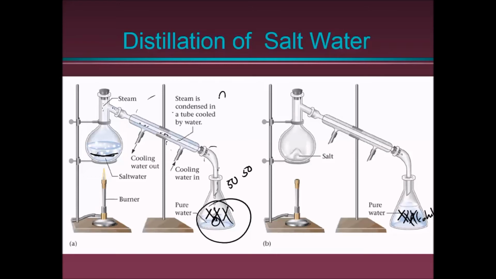I think 95% is as pure as you can make using this process. Beyond that, you can't stop water from evaporating. You can discourage it, you can't stop it from evaporating. And every time you run it through, you're able to separate more and more.